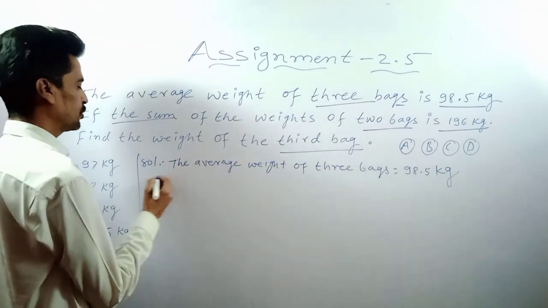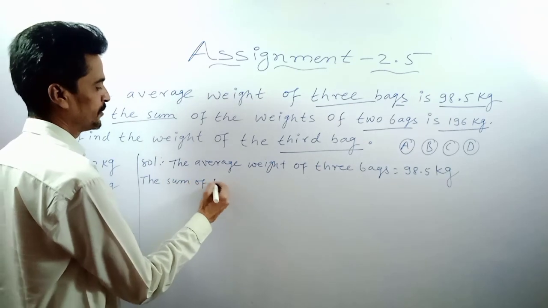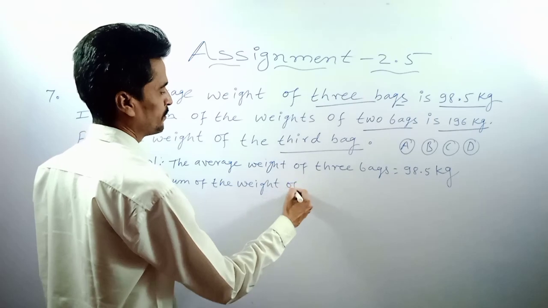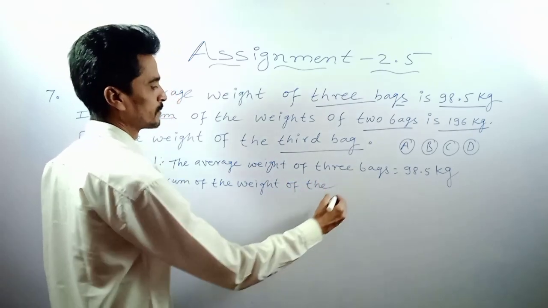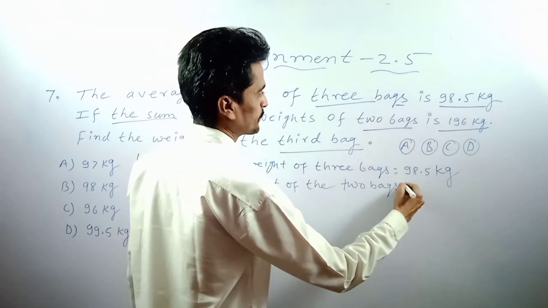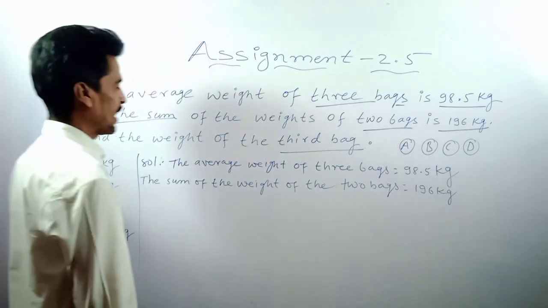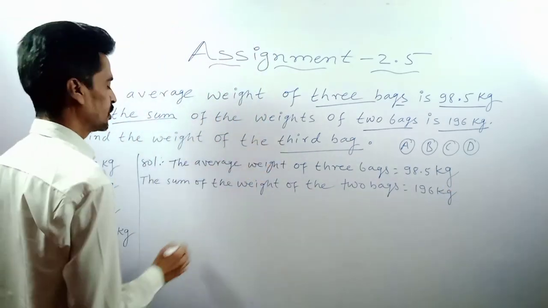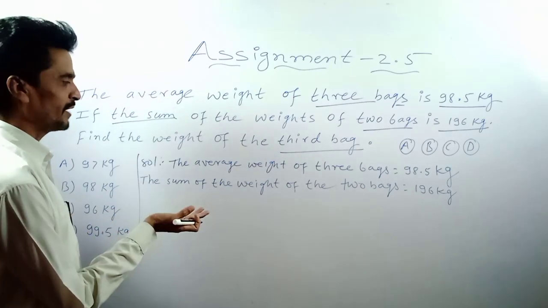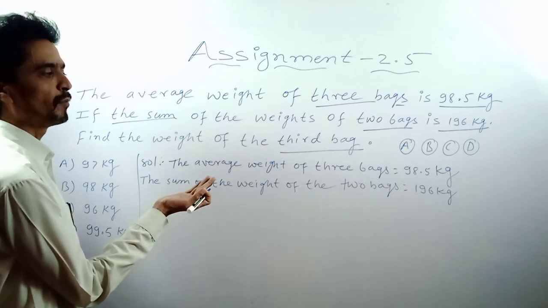The sum of the weight of the 2 bags is 196 kg. So find out what is the weight of the third bag. To find out the weight of the third bag, the sum of the 2 bags is given, but the sum of the 3 bags is not given, so we need to find out the sum of the 3 bags.